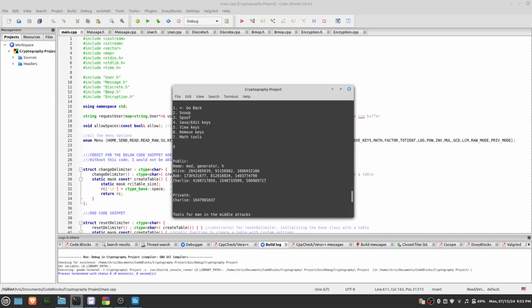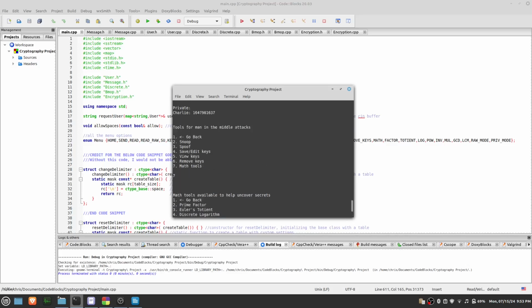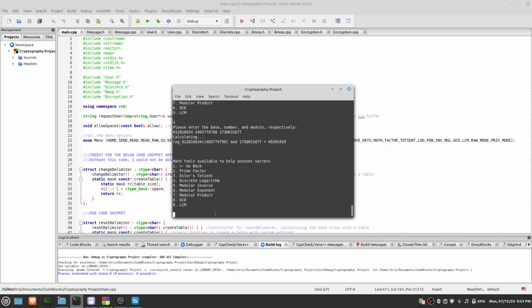And then the modulo is 17306 31677. And it's calculating, because once again, this should be taking square root of n steps but instead it's taking n steps, so it does take quite a bit. And there we go.